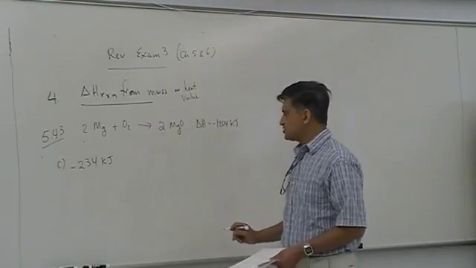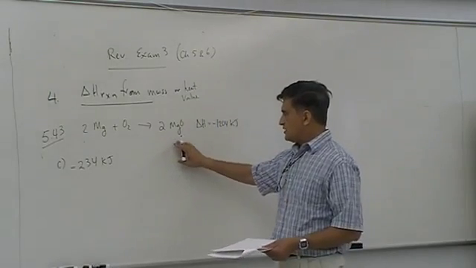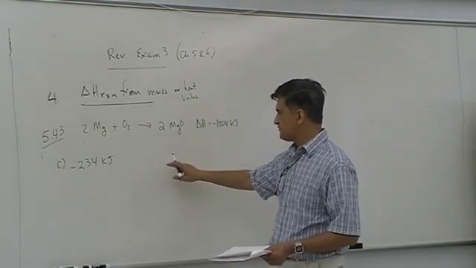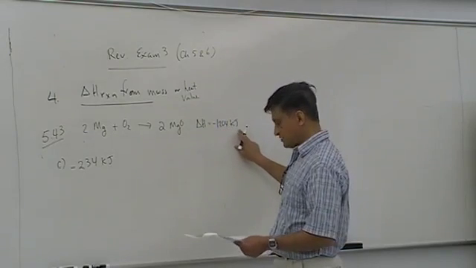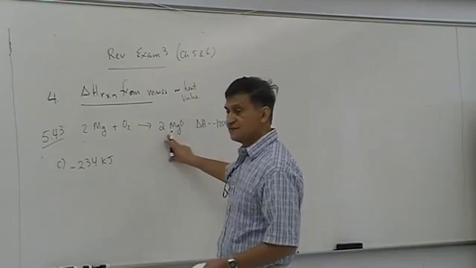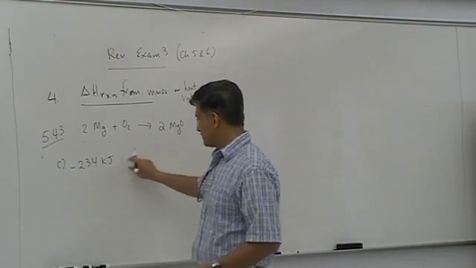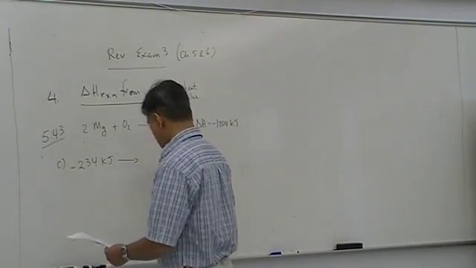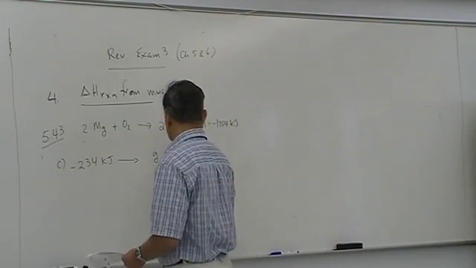What they're saying is, in this reaction, when 234 kilojoule of energy is given off instead of 1204 kilojoule, how much magnesium oxide is formed? So we're going to find the grams of MgO.